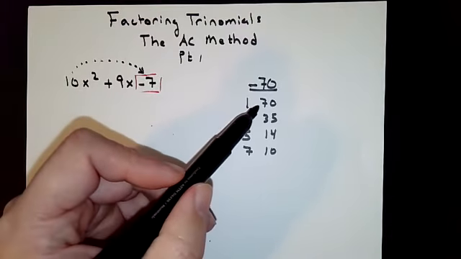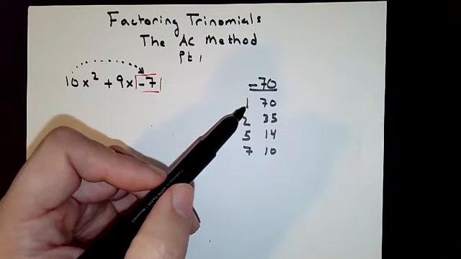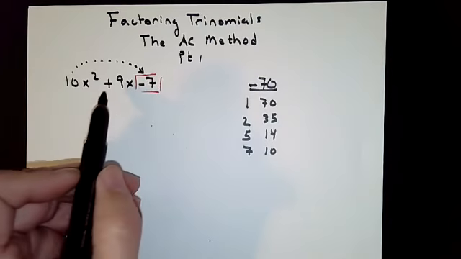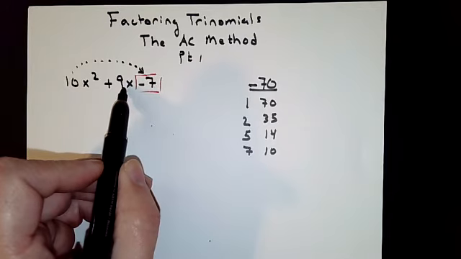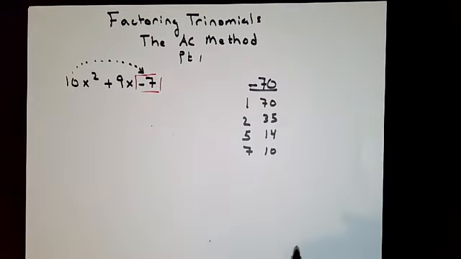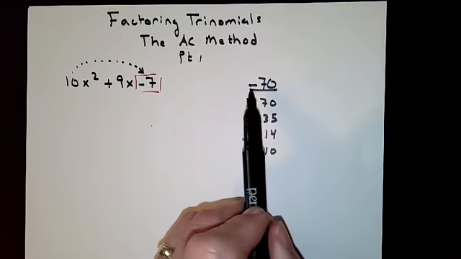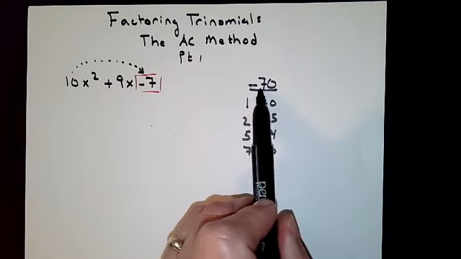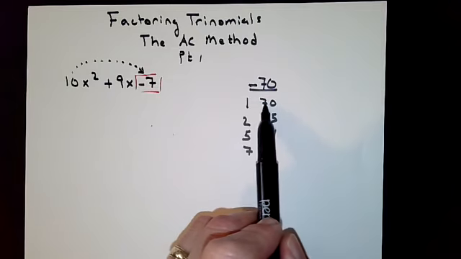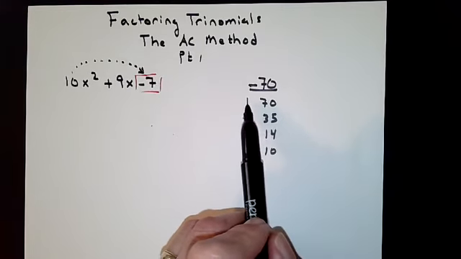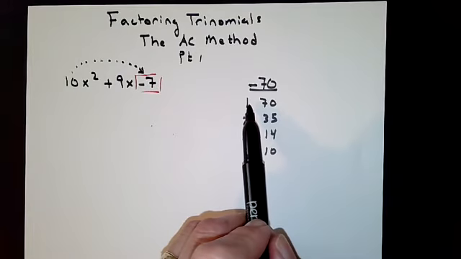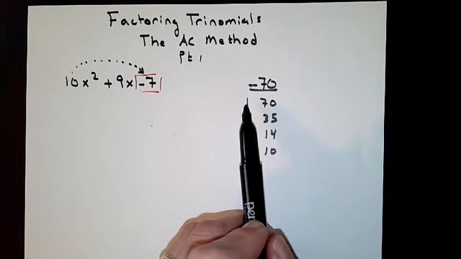Now what we need to do is pick the possibilities where if we add them together, we get the middle number, which is a +9. Okay, so now here's where we have to remember that to multiply these and get a -70, one number in the pair has to be positive, the other has to be negative. So could we take +70 and a -1 and add those together? Well, 70 minus 1 is 69.